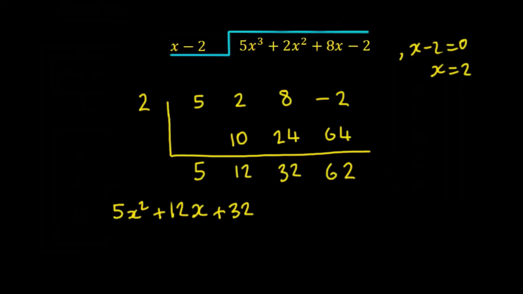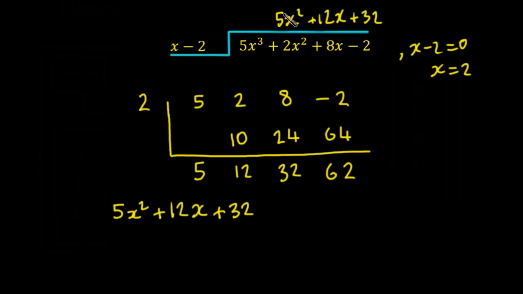So we can go ahead and we can put our quotient up the top. So that's the same, that's 5x squared plus 12x plus 32.